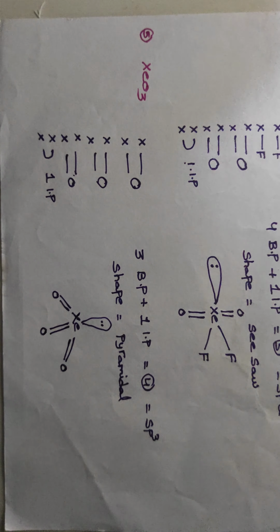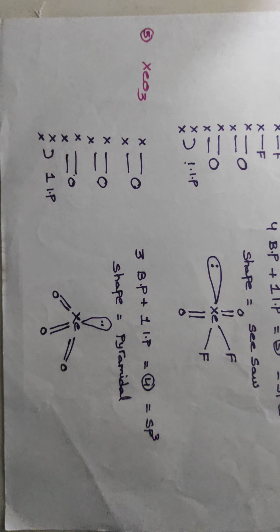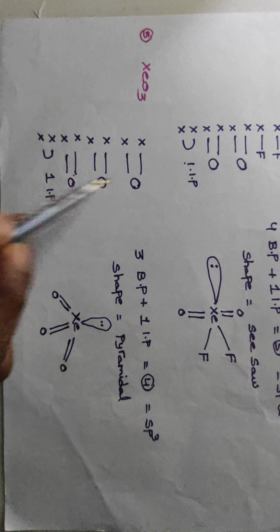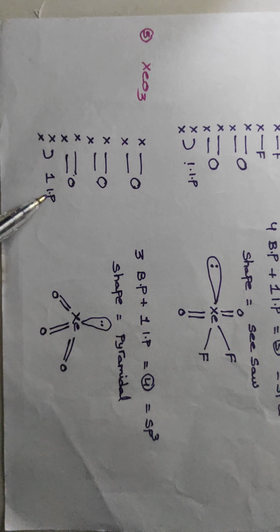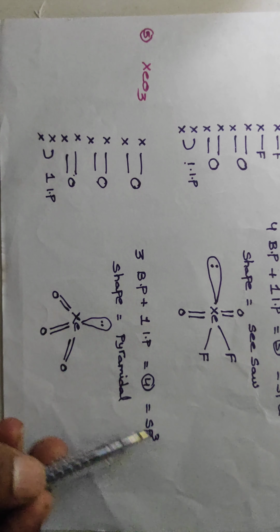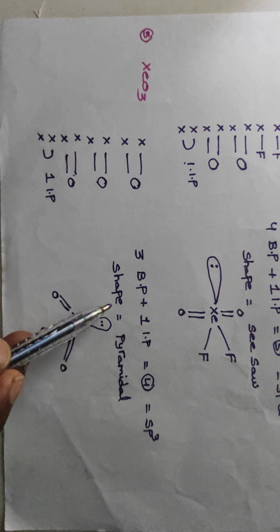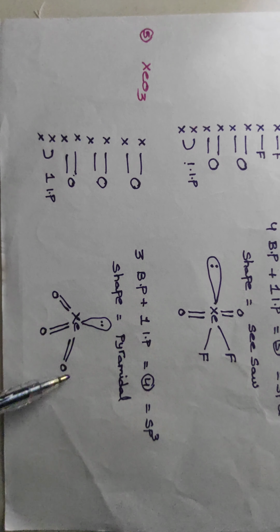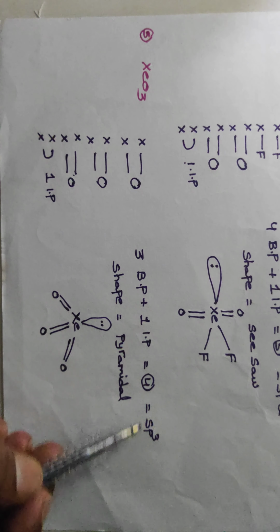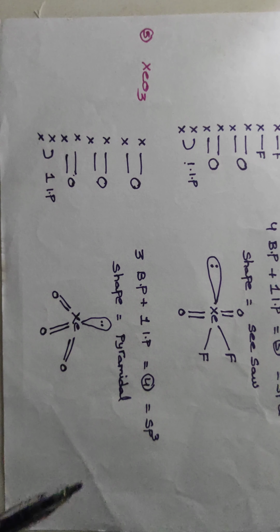Oxygen is a bivalent atom, so it has 2 electrons in its outermost shell. So oxygen is bonded with the xenon atom with 2 unpaired electrons. So 3 bond pair electrons and 1 lone pair electron, 3 plus 1 is equal to 4. So the hybridization is sp3, and the shape is pyramidal due to 3 bond pair electrons plus 1 lone pair electron.